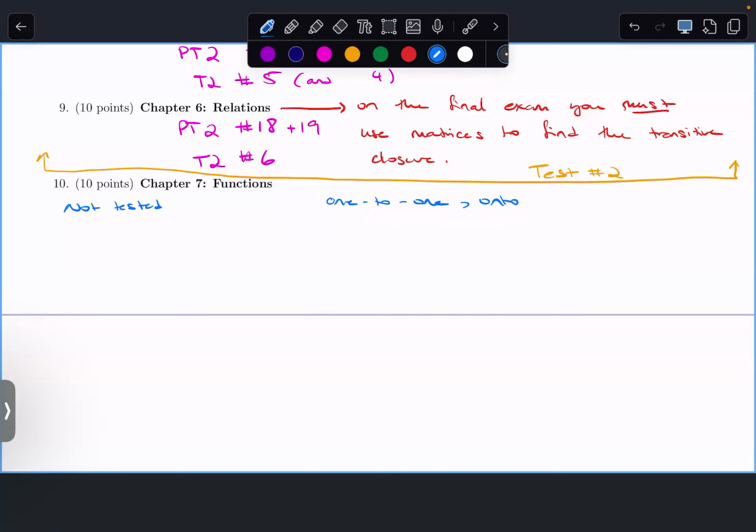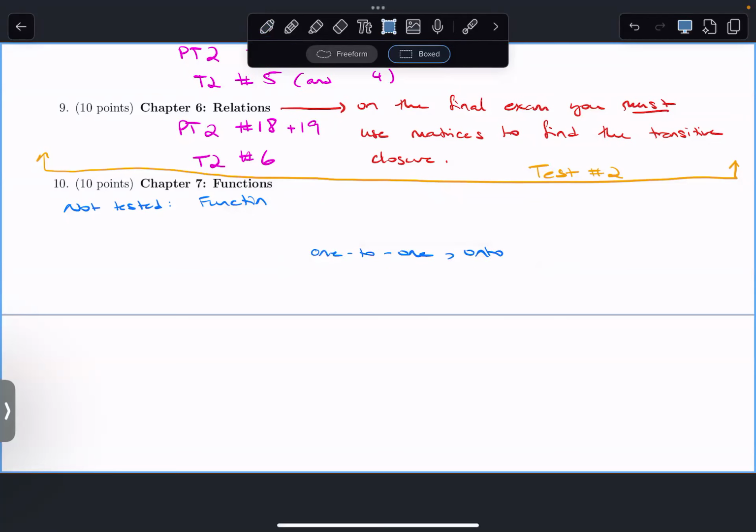And so function definition, I'll move this here.